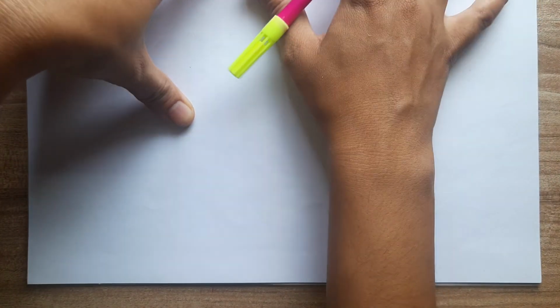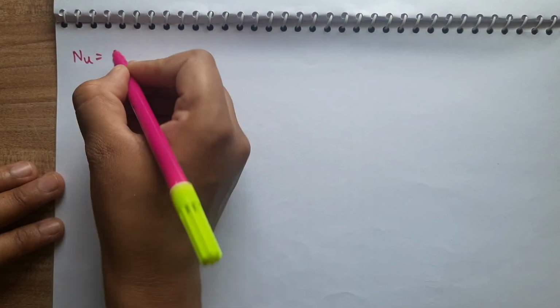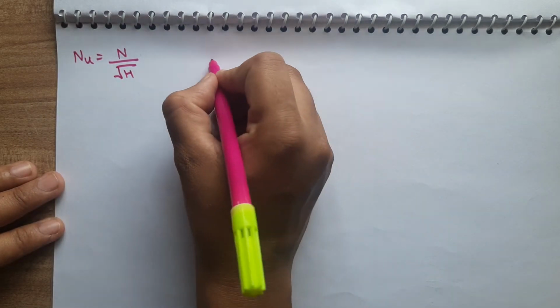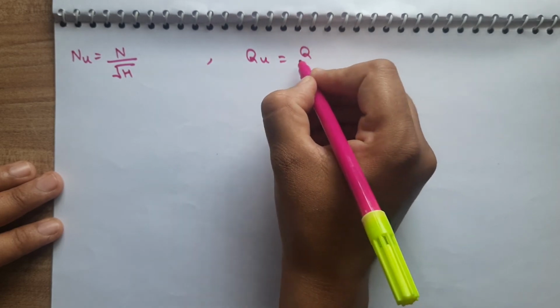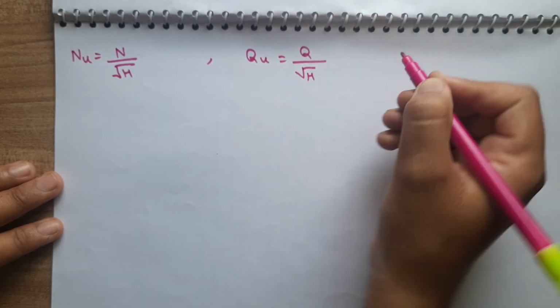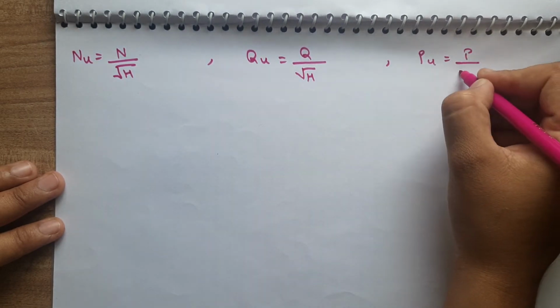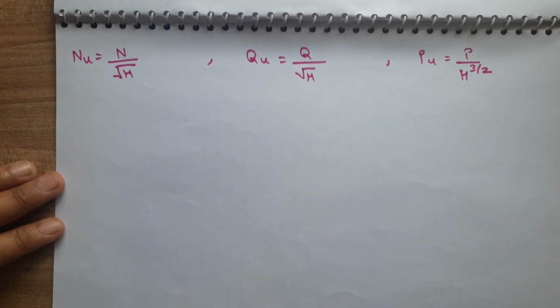From these equations, we can write, as we know, Nu is equal to N upon under root of H. Also, we know that Qu is equal to Q upon under root of H, and Pu is equal to P divided by H raised to 3 by 2.